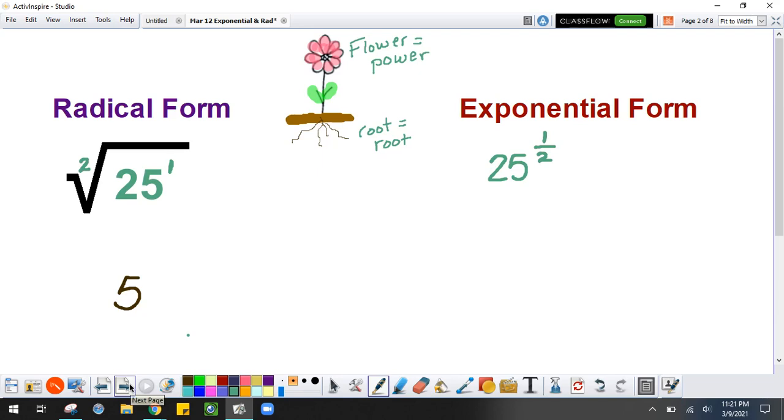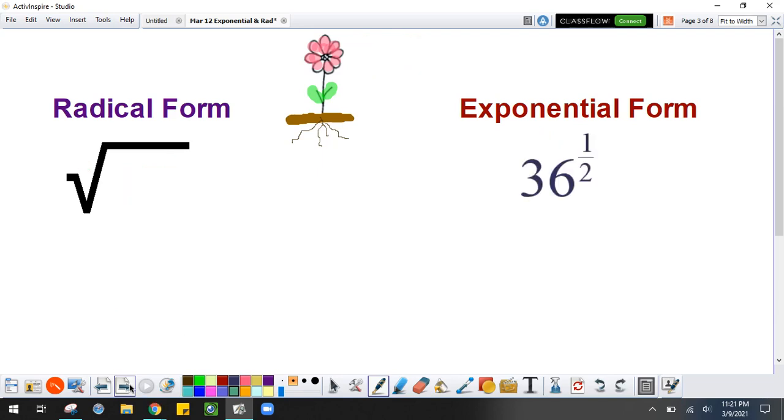So let's take a look at another example, because you're going to need to be able to go back and forth from exponential form to radical form. So I've got a base of 36. My exponent is 1/2. Remember, 1 is the flower power. Flower is the power.